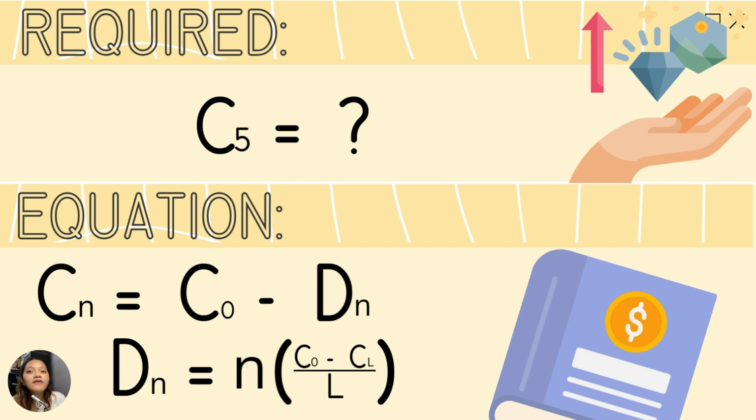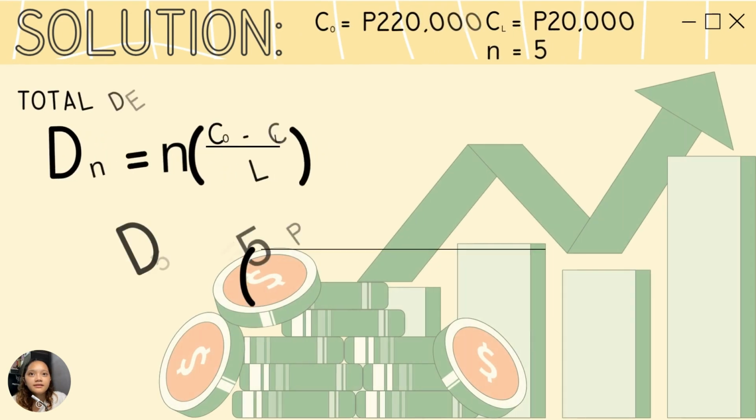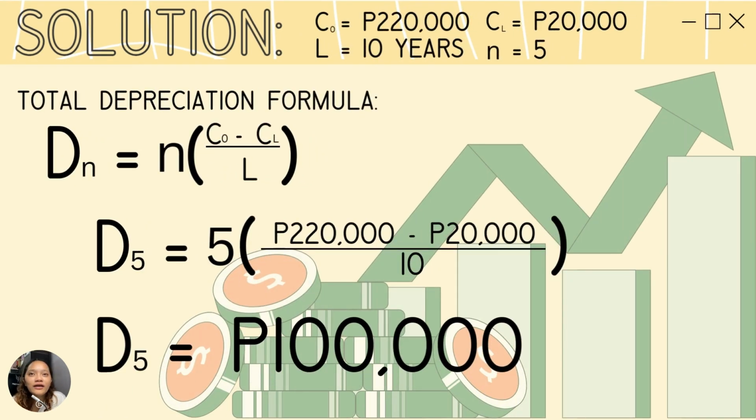The formula for the depreciation after n years is D sub n equals n times the quantity C sub O, the original cost, minus C sub L, the scrap value, over L, the useful life of the equipment. Knowing the given values, we can now solve for the depreciation up to 5 years.